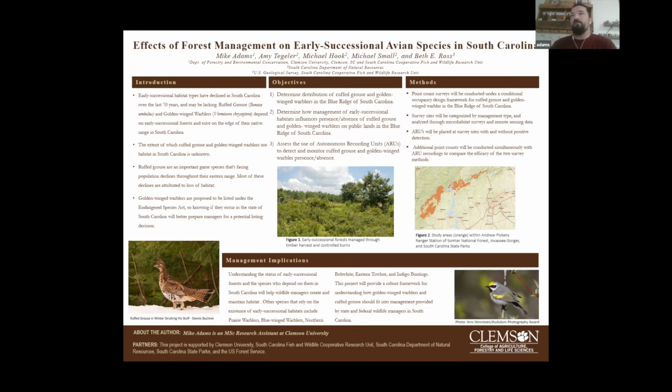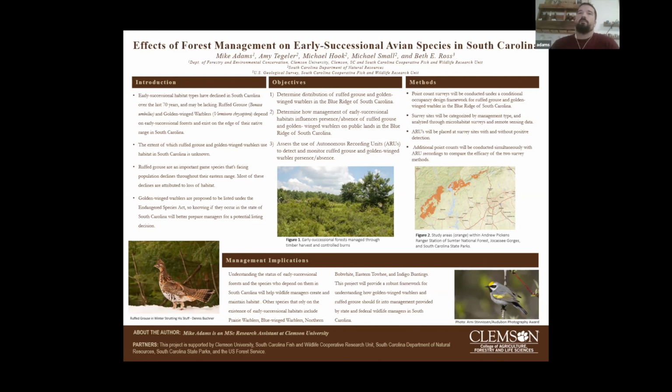My survey sites are categorized by management type. So we're looking at thinning, clear cuts, and controlled burns, and even wildfires. ARUs are placed at sites with positive and without positive detection, and point count surveys are conducted with ARU recordings to determine the efficiency of both survey methods.